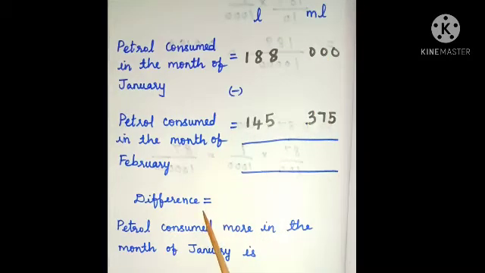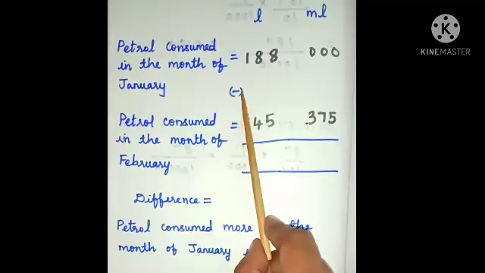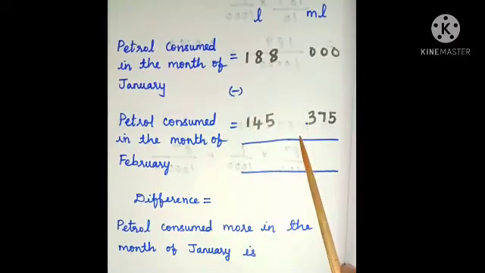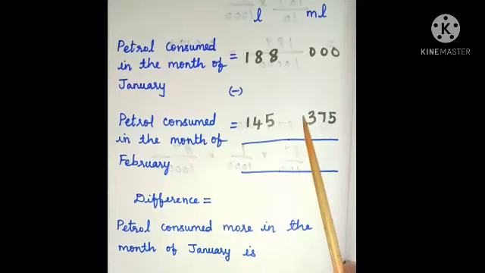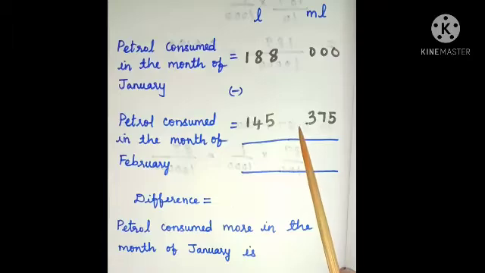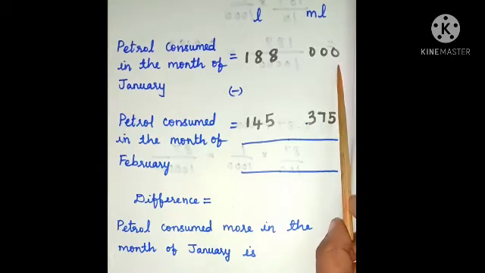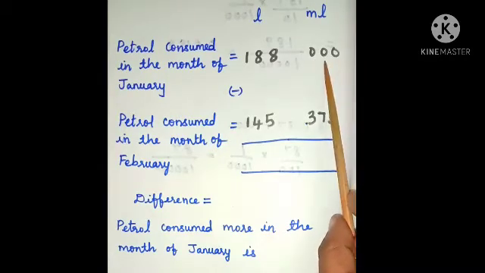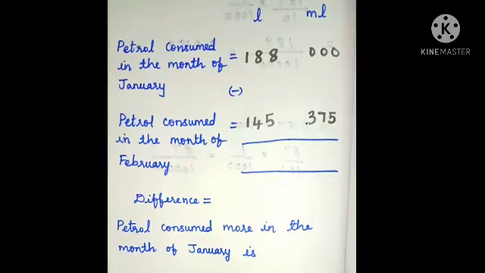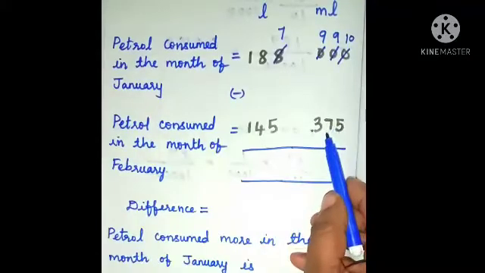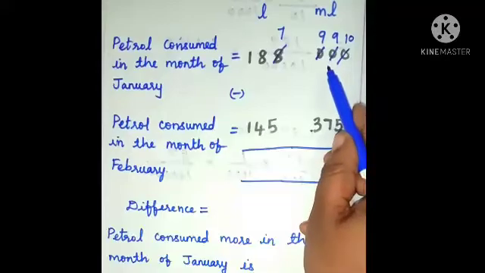And here, to find the difference, we have to subtract. We know how to subtract the values. Now, subtract the values which are in the milliliters. That is, start from milliliters. Here, when we subtract 000, children, we can't subtract 375 from 0.